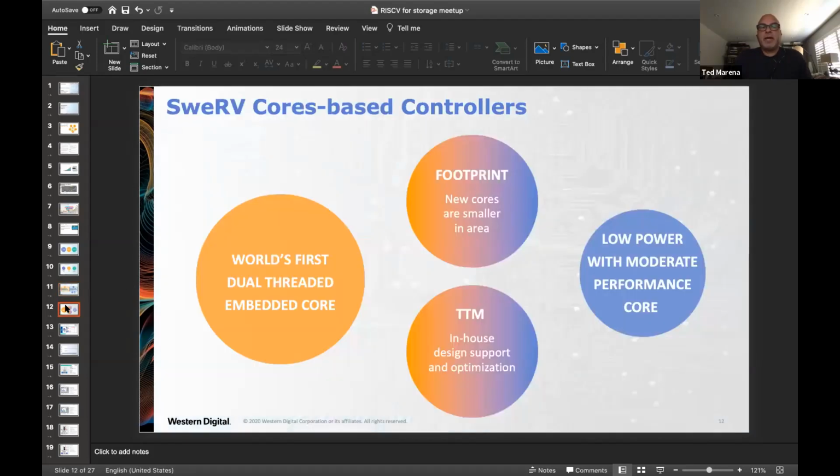And so as we introduced the latest SWeRV devices, which I'll show you more details on in a second here, we introduced the world's first dual-threaded embedded core.